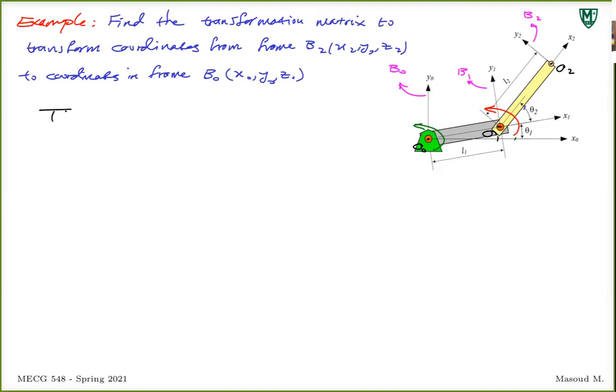The transformation matrix that transforms coordinates from frame B2 to frame B naught is equal to the transformation matrix that transforms coordinates from B1 to B0 multiplied by the transformation matrix that transforms coordinates from B2 to B1.